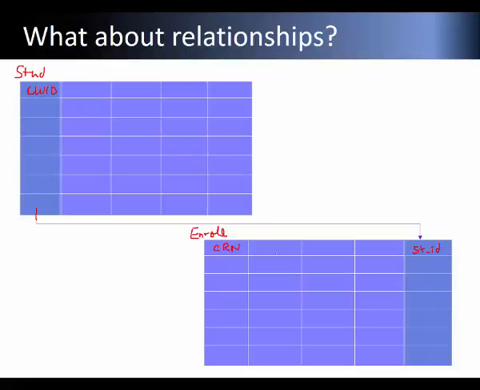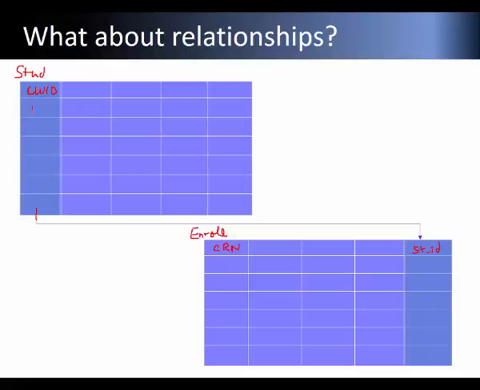Those two tables are related. The relationship between these two tables represents the real world. The real-world scenario expressed is that students are enrolled in a class. Alright?